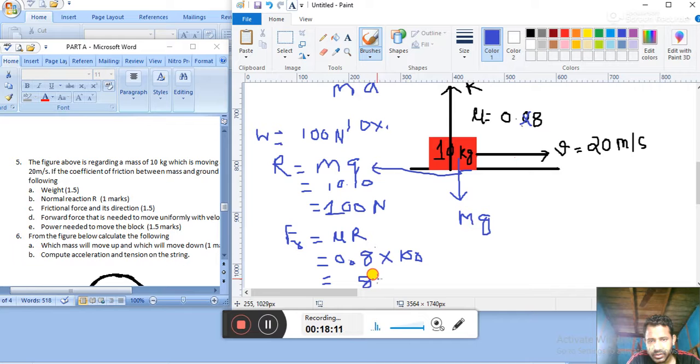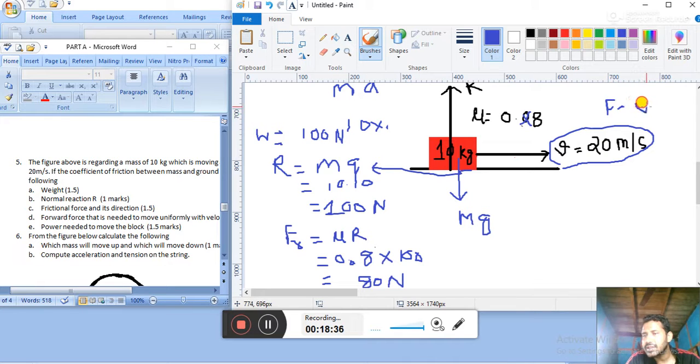Okay, I think it is clear till here. I have done 3 questions in the same way, and the frictional force direction should just be opposite to the motion. Now look at another question. What is the forward force needed to move with uniform velocity? Since it is moving with uniform velocity, the force due to this velocity is 0. Why? Because force means change in velocity by time, and the change in velocity is 0.